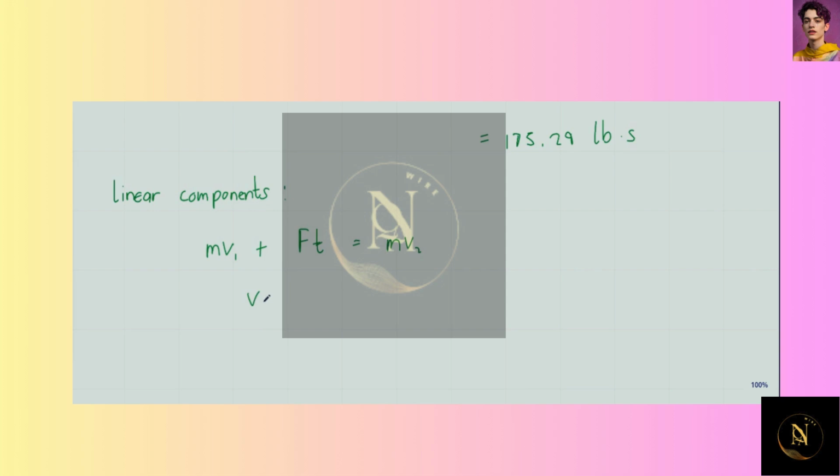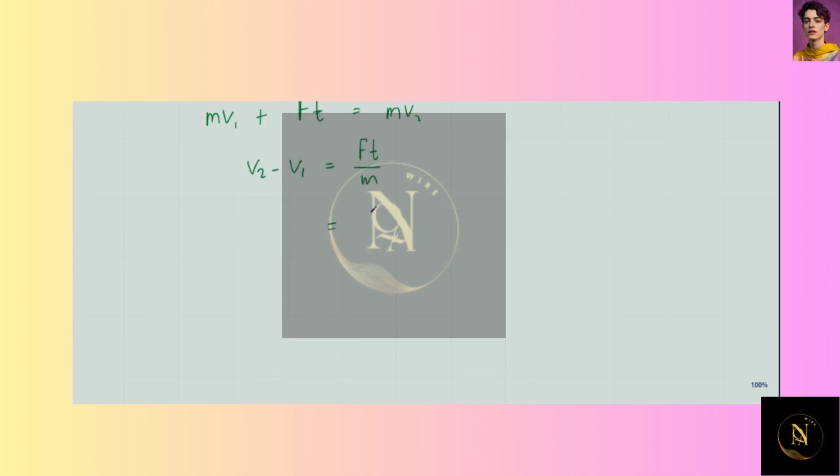So from here we can see that v2 minus v1 is equal to Ft over m. And this Ft, we calculated to be 175.29.